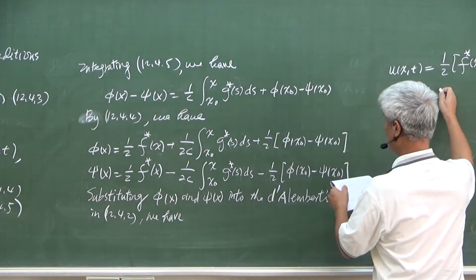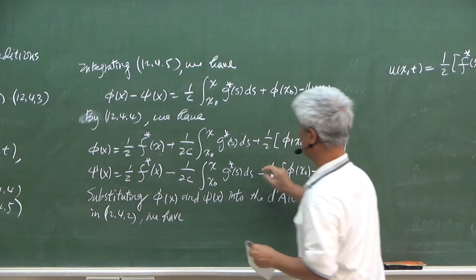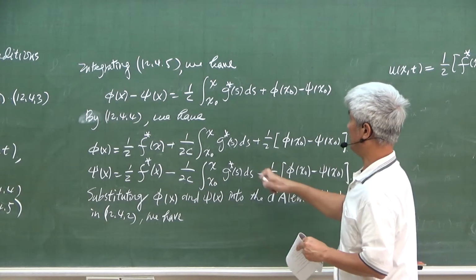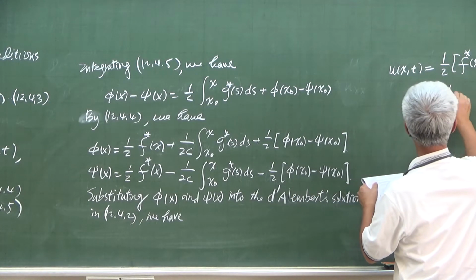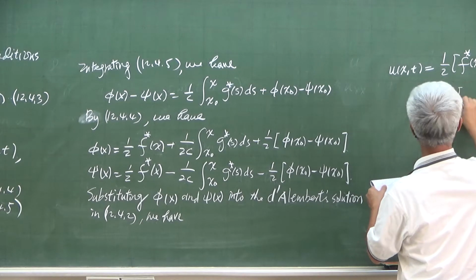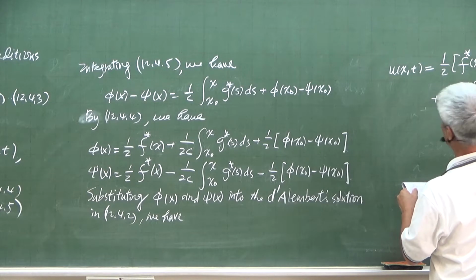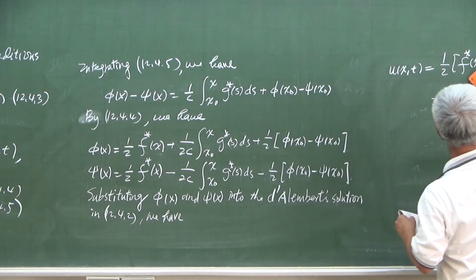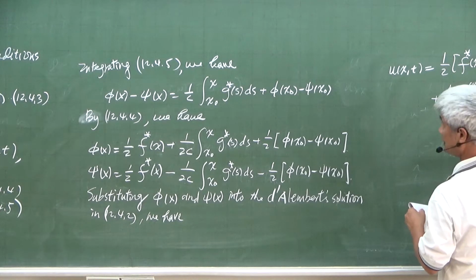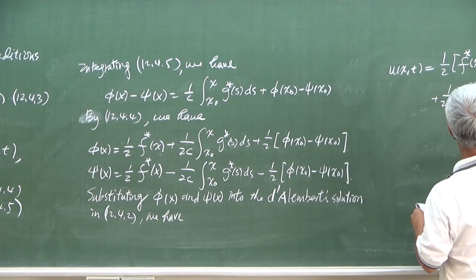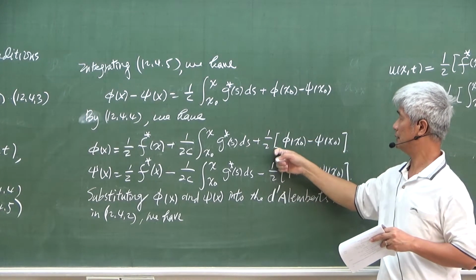When we add together, what we can have is 1 over 2c, and x0, but x is going to be x minus ct to x plus ct, of g star x, plus this one.